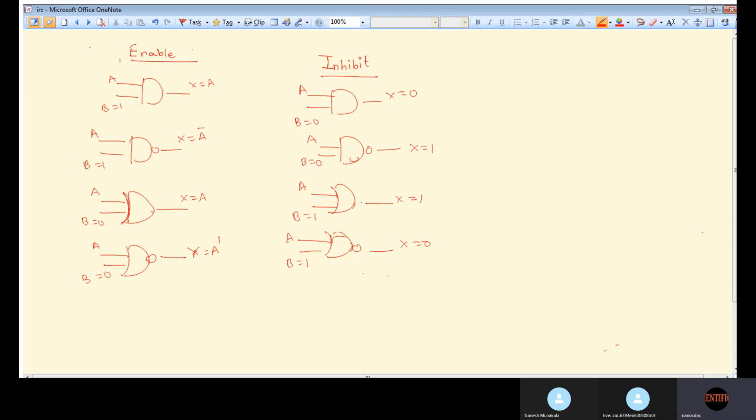Now you observe these logic gates. These logic gates are called enable circuits, and these logic gates are called inhibit circuits. What is happening? You just tell me.